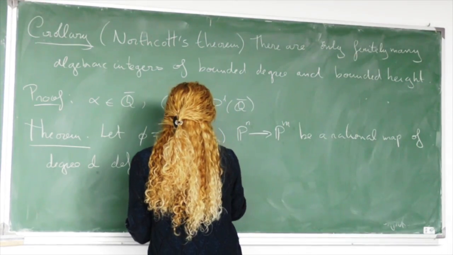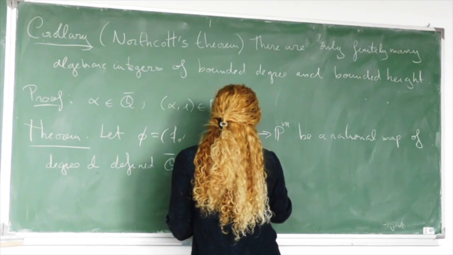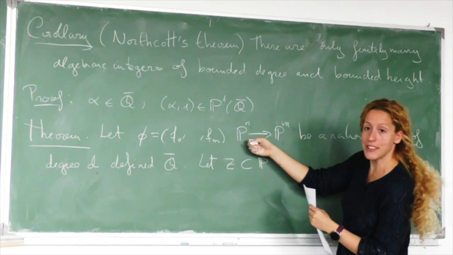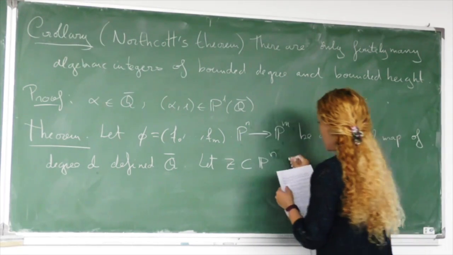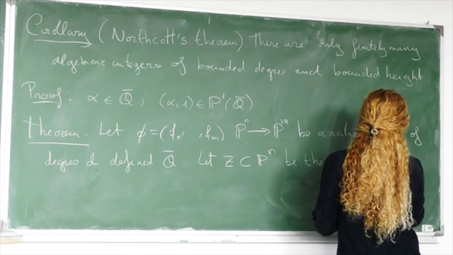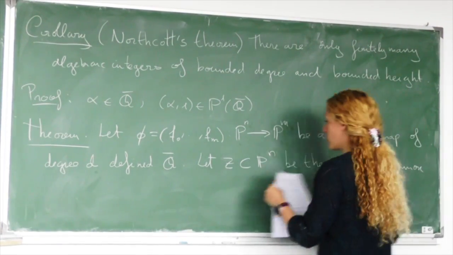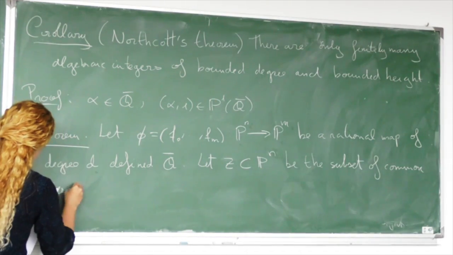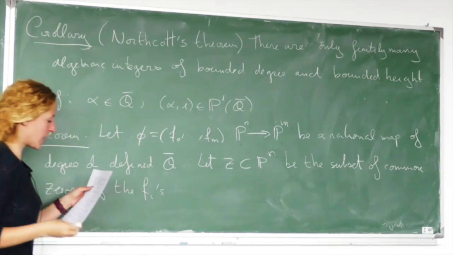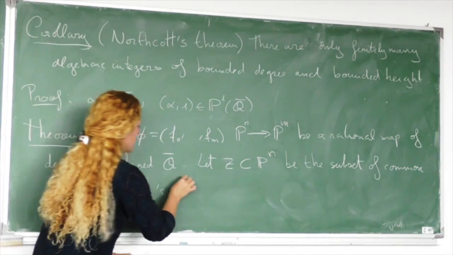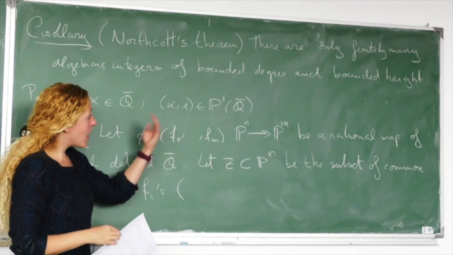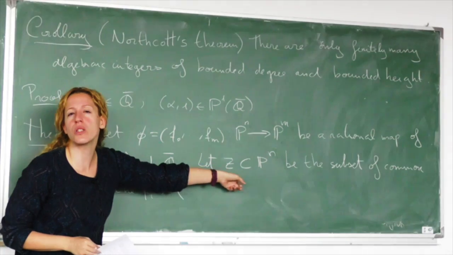Now I'm going to take, let's set, in P^n, so this is the starting projective space, let Z be the subset of common zeros of all the coordinates. Basically this means that this morphism is well defined outside Z. So Z is where it is not well defined, right?